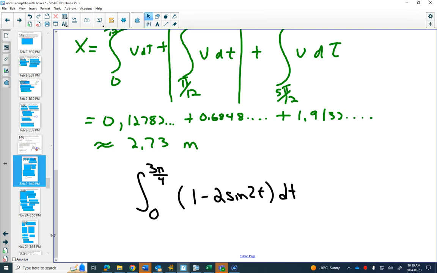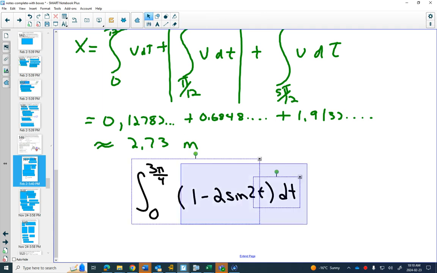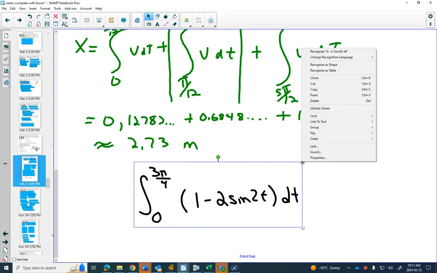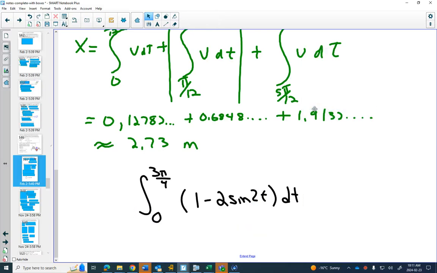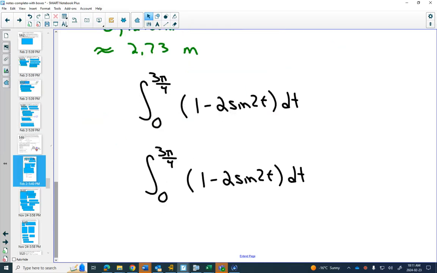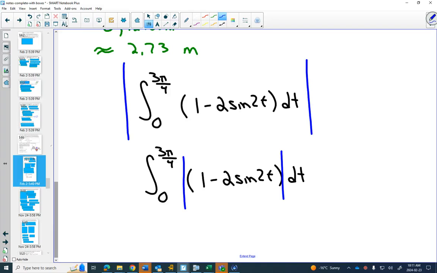And we have to add absolute value bars. So we have two options. I'm going to show you the two options of where students put the absolute value bars. Option 1, they put the absolute value bars there. Option 2, they put the absolute value bars there.